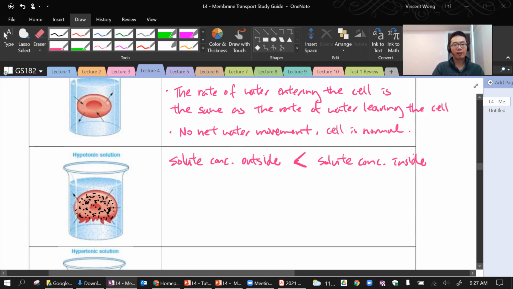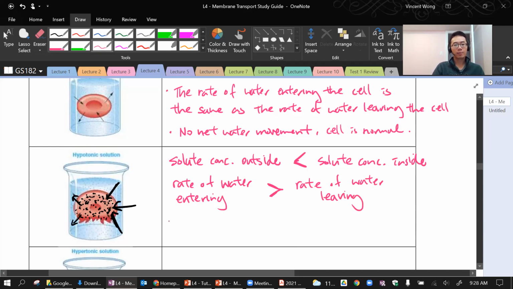So you will have more water coming in than leaving. Okay. So the rate of water entering is greater than the rate of water leaving.